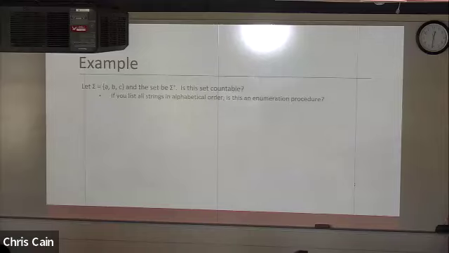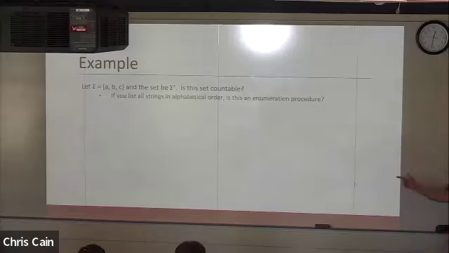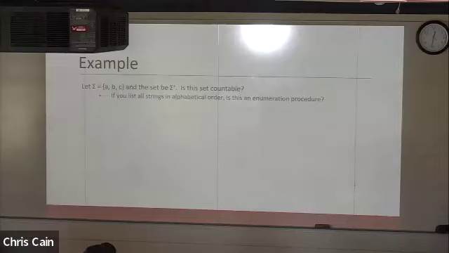So we would start with A, and then AA, and then AAA, and then AAAA. It's not an enumeration procedure because it never produces B. We have an infinite number of A's that we need to get to in each string, everything between length 1 and length infinity, even though it doesn't exist. That process won't terminate. Does that mean that this set is not countable?